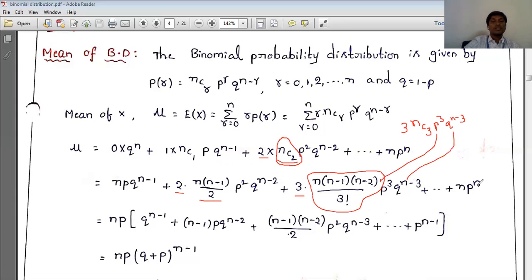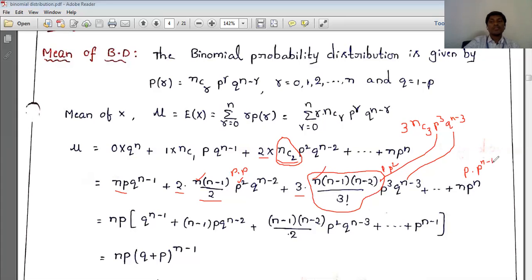If you observe each and every term, here it has np, and here also n, and P square is nothing but P into P. Next, here also n, and P cube is nothing but P into P square. And next here it is P power n. Can you write this as P into P power n minus 1?